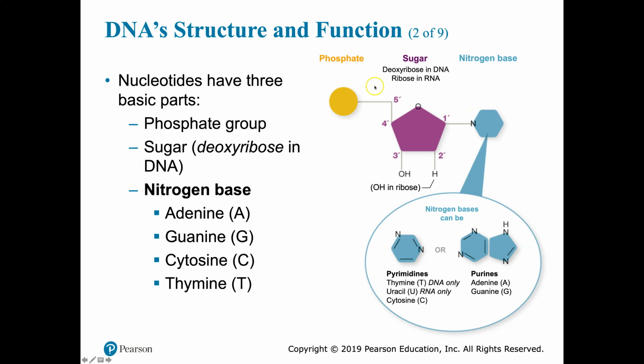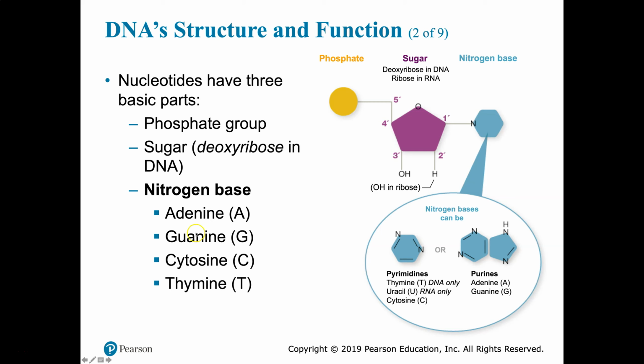Now, the phosphate and the sugar stay the same. These do not get messed with. The nitrogenous base, on the other hand, in DNA, can be one of 4 different nitrogenous bases.